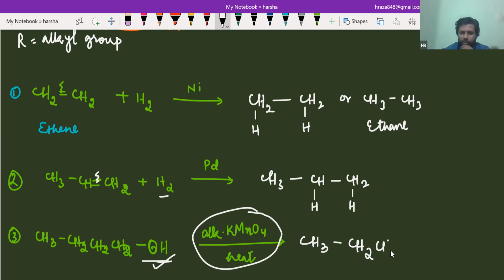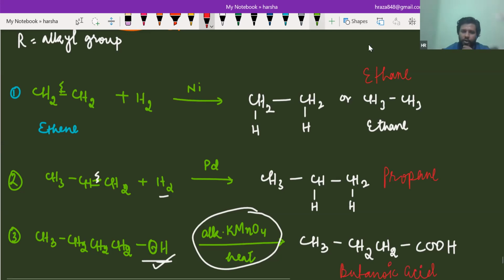So three carbons will be as they are, and the fourth carbon will be converted into COOH. So the names you can write easily: this is your ethane, this is your propane, and this is your butanoic acid. Butanoic acid, because there are four carbons in the parent chain, butane, and oic acid because it's a carboxylic acid.